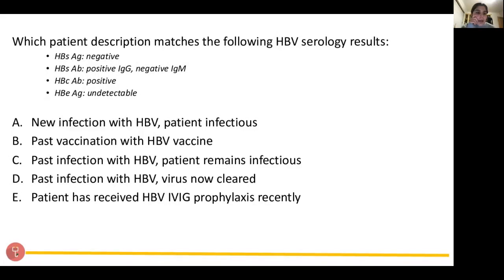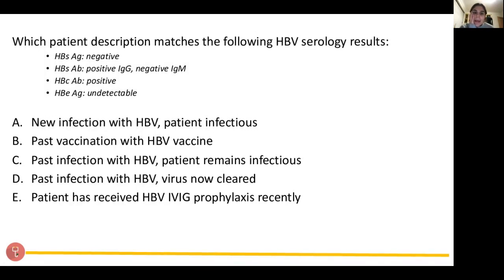So with the Hep B question, this person is S antigen negative. So they haven't caught the disease, right? So they're not currently either acute or chronic, actively Hep B positive.